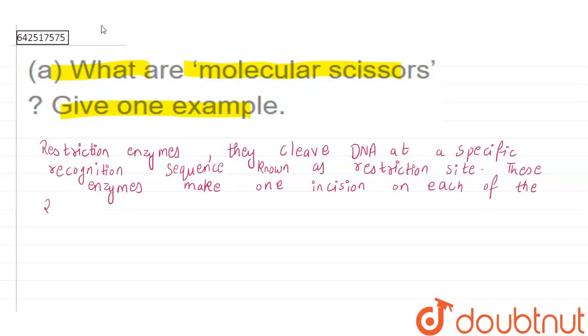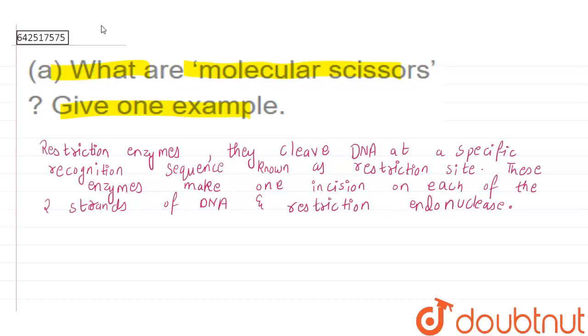We know that DNA has two strands. On each of the two strands of DNA, they make one incision, and they are also called restriction endonuclease.